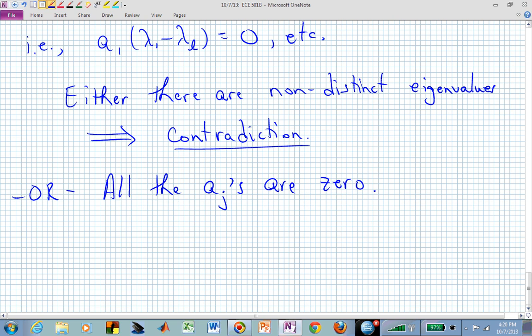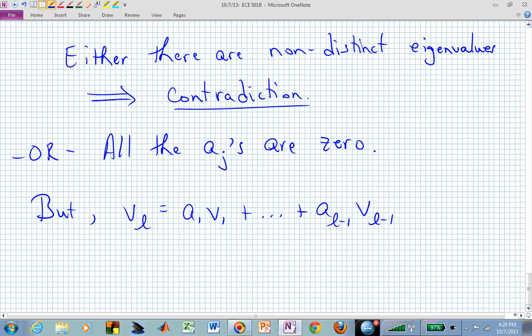Now, if all the A sub j's or the non-distinct eigenvalues cause that to equal 0, what's that say about V sub L? V sub L was this A1 V1 plus through A sub L minus 1 V sub L minus 1.